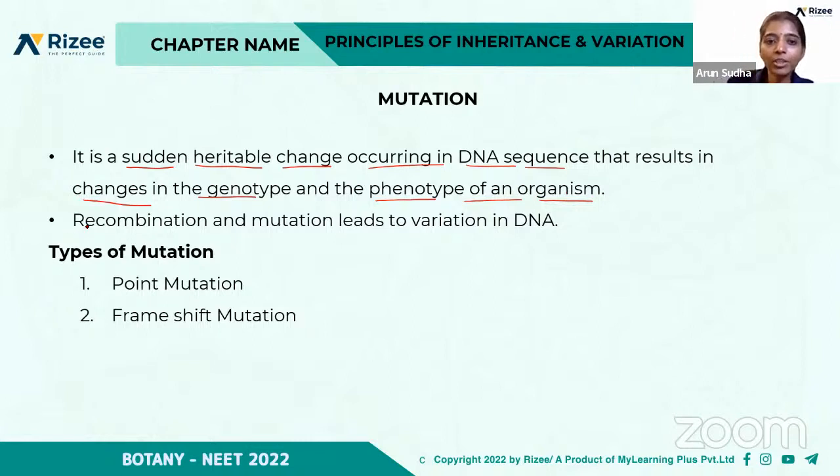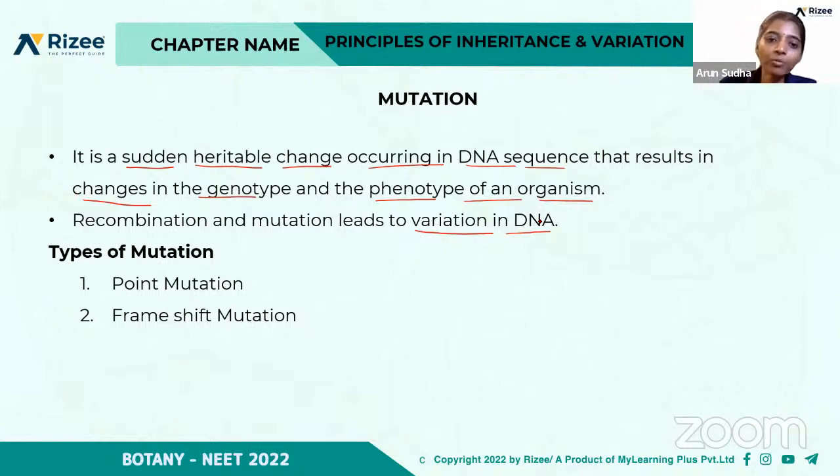Recombination and mutation lead to variation. As a result of recombination, there will be new combinations of genes, and mutation leads to change in DNA. So all these lead to variation in the characteristics.